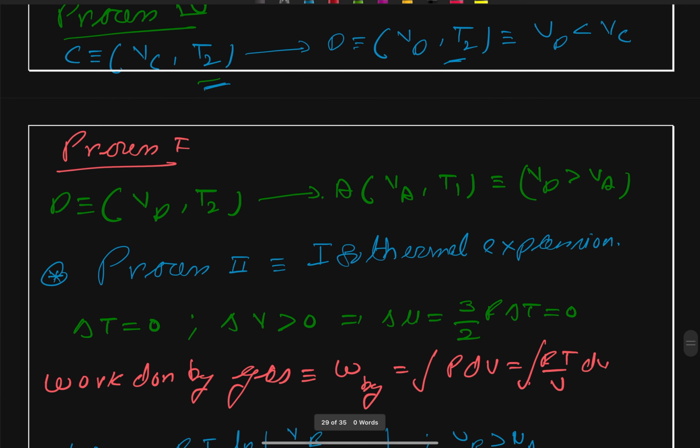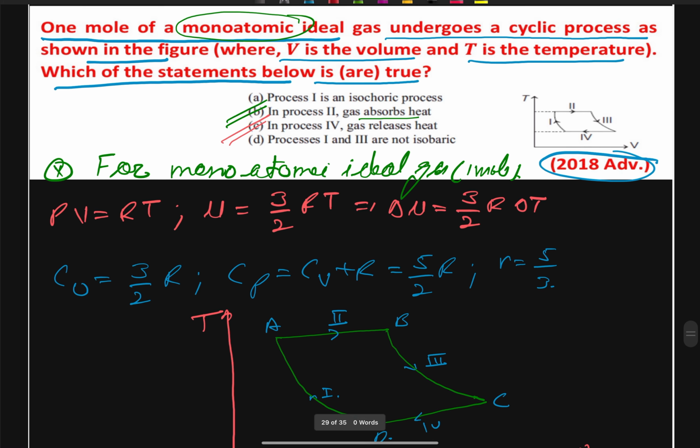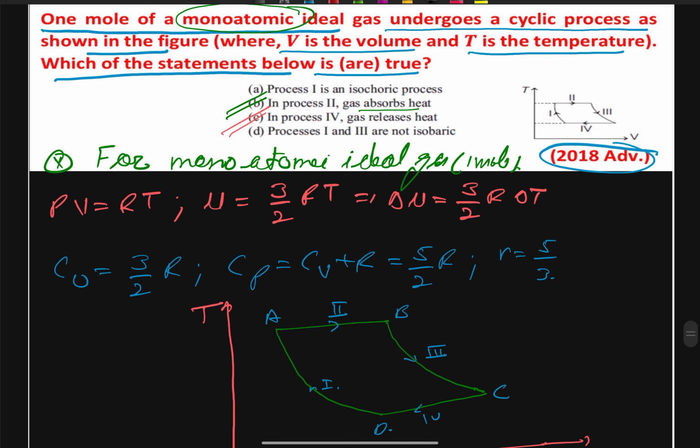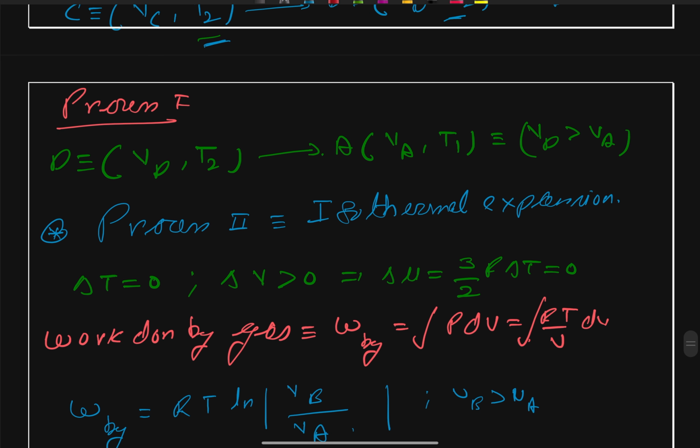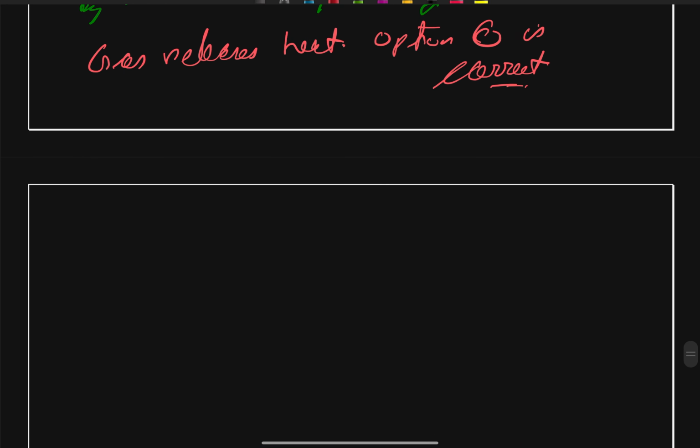And now we come to process 1, which states that process 1 is an isochoric process. Because there is change in volume as well as change in temperature, let me derive it in a more convenient way.